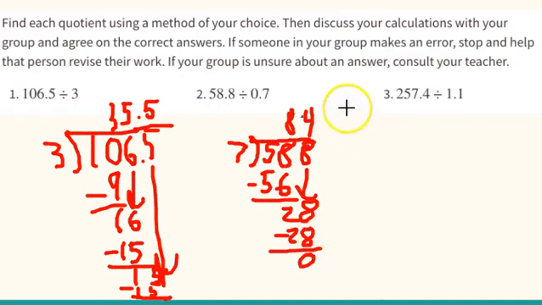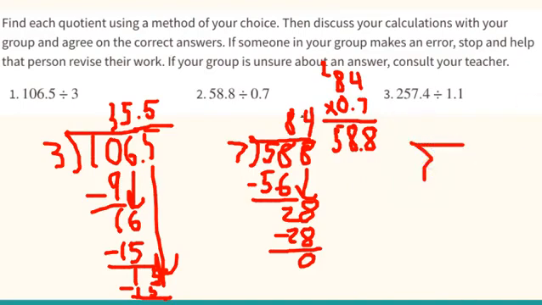And we can prove that with the multiplication. If you take 84 times 7/10, you're going to see that 58 and 8/10 still makes sense there.